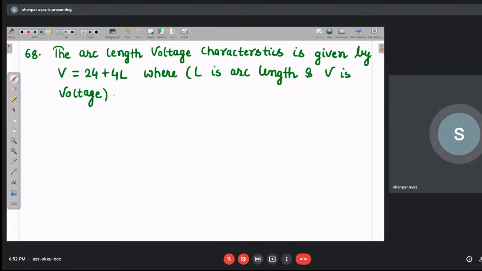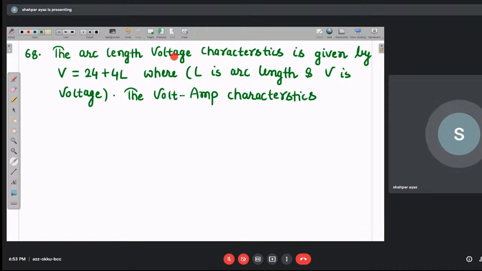The volt ampere characteristics. Arc length voltage characteristics means the relation between voltage and length.